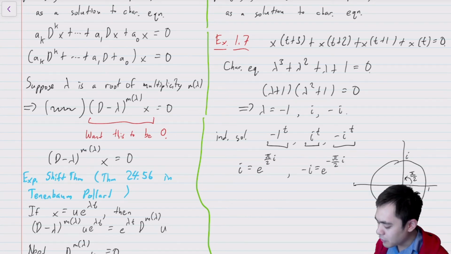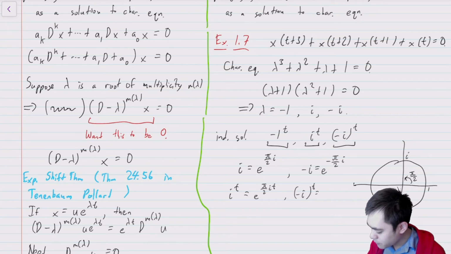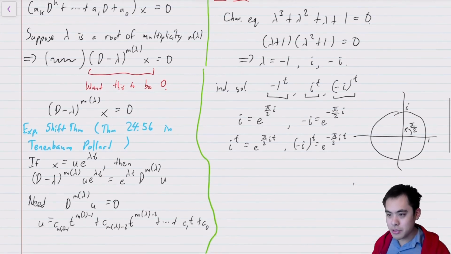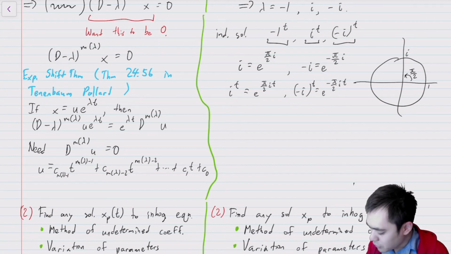Then we can rewrite those: i to the t is equal to e to the pi over 2 it, and (minus i) to the t is equal to e to the minus pi over 2 it. Now, as you should recall from complex arithmetic, we can use Euler's identity.